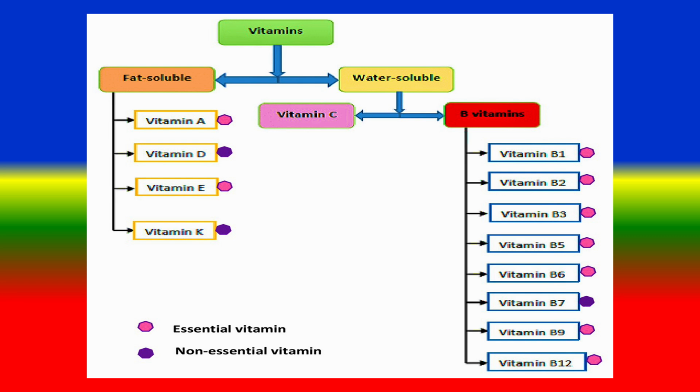Water soluble are classified into vitamin C and B vitamins. B vitamins including B1, B2, B3, B5, B6, B7, B9, B12.